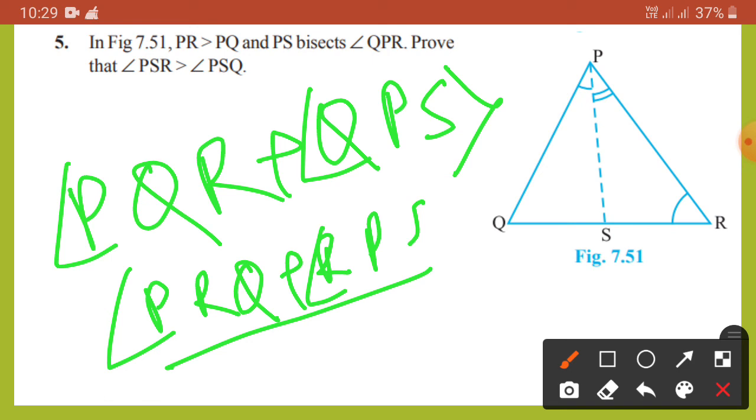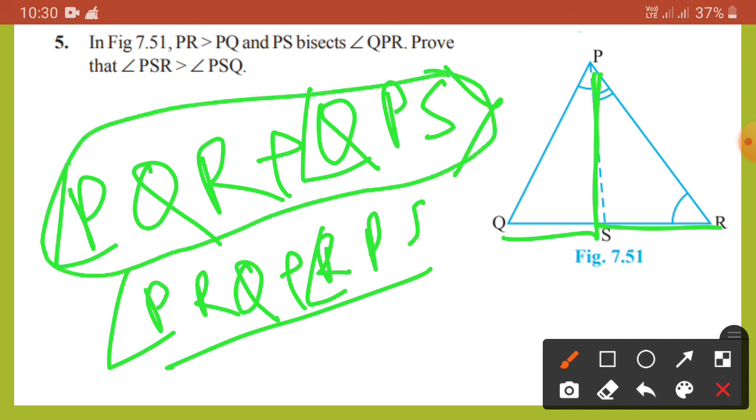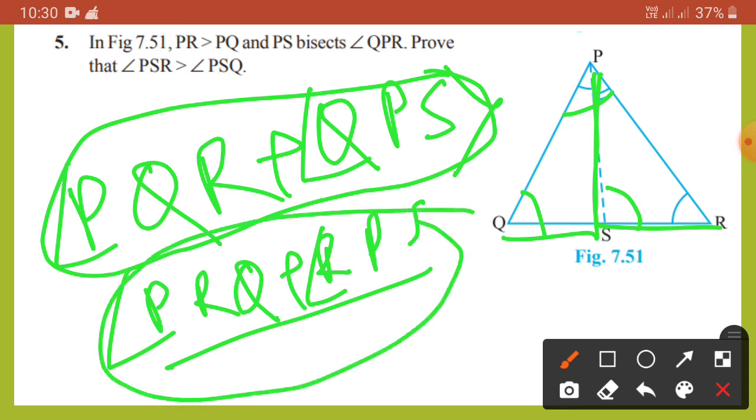So we are getting PSR greater than PSQ, as PQR plus QPS equals PSR, and angle PRQ plus RPS equals angle PSQ.